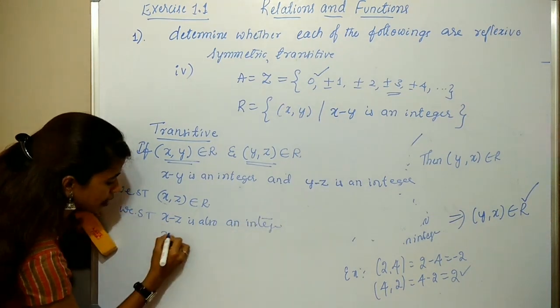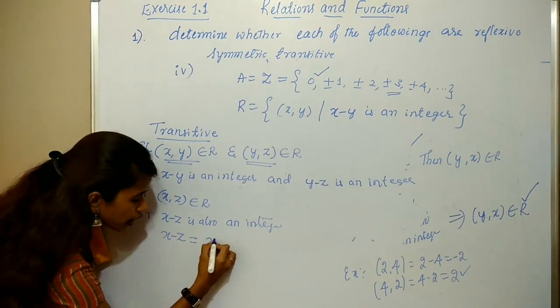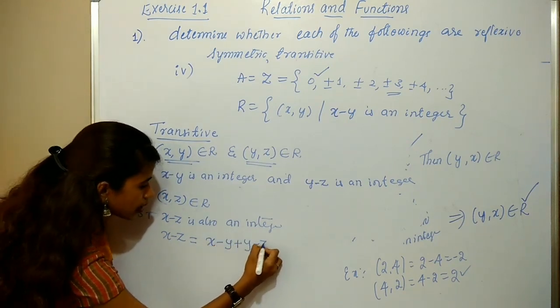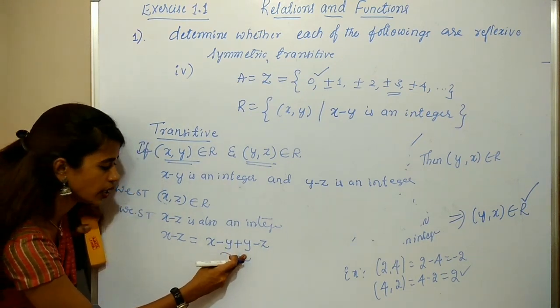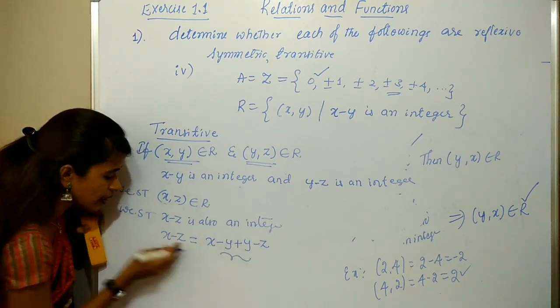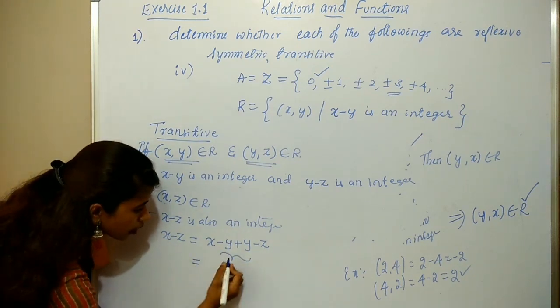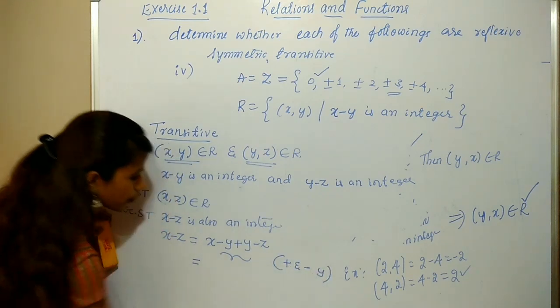So, consider x minus z. For that, take x minus y plus y minus z. I am taking two extra elements, namely minus y plus y. If I cancel, we get x minus z. Here I add and subtract y.